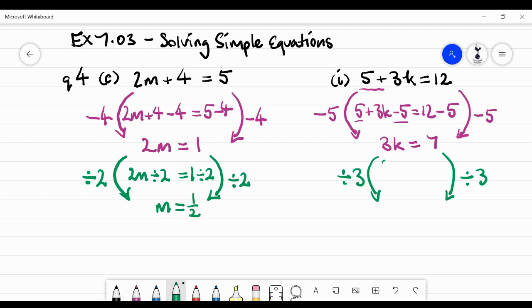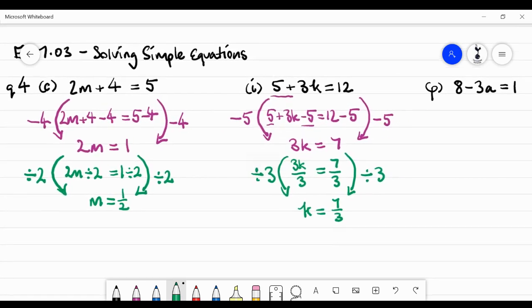And instead of writing with a divided by sign this time, I'm going to use a fraction. 3k divided by 3 is the same as 3k over 3 equals 7 over 3. 3k over 3 is just k, which is exactly what we want to get to, is equal to 7 over 3. And that's perfectly okay to leave it in that format, 7 over 3, when solving equations.